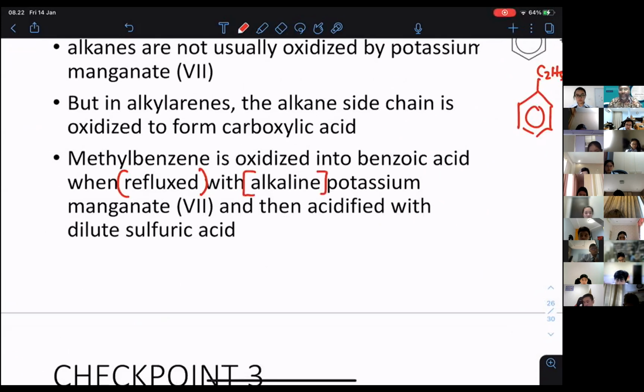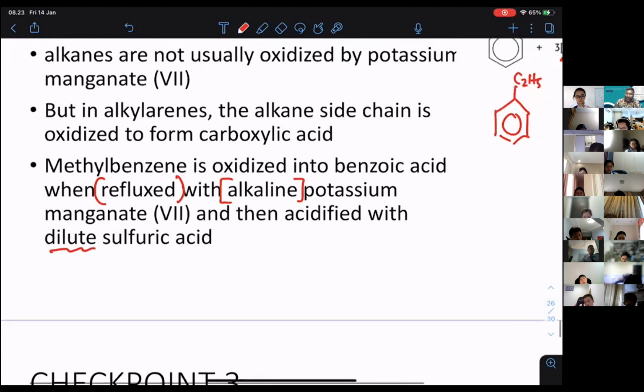After that, you acidify with dilute sulfuric acid or any dilute acid. So there is an additional step over there for the oxidation. That's the difference.